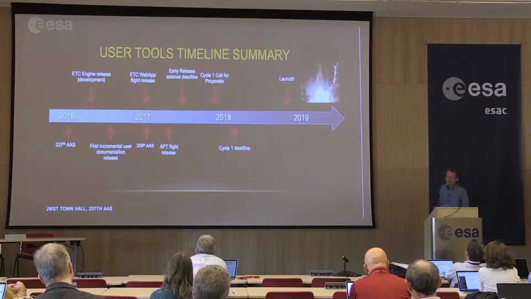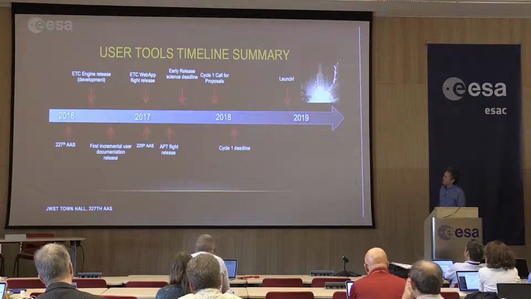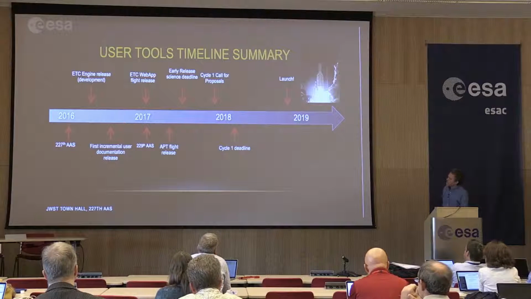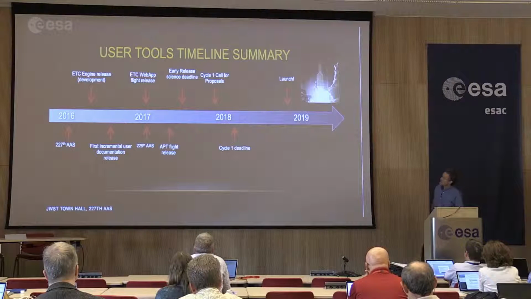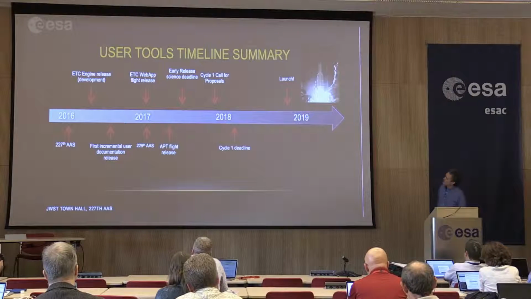And then for my last slide, this is the tools on a schedule. So the ETC engine release, and indeed the interface, the development version, has come out. The first release of the documentation has not yet happened, but is very soon. The official ETC on the web, the flight release, as we call it, will be in January of 2017.